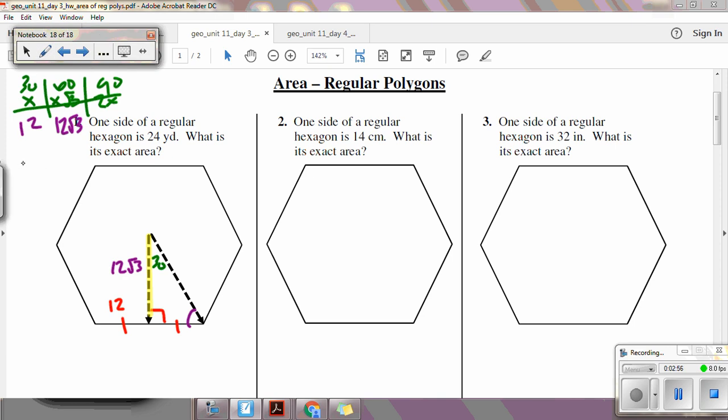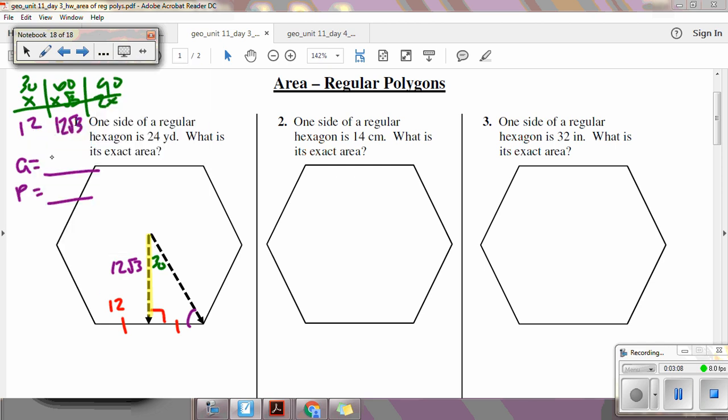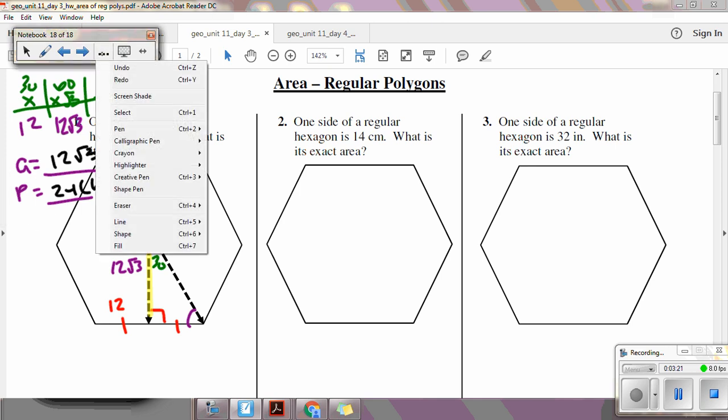So when I'm finding the area, I need my apothem and my perimeter. Again, the apothem is 12 root 3. My perimeter, I can take one side, which is 24, times the number of sides of a hexagon, which is 6. And now I can find my area.